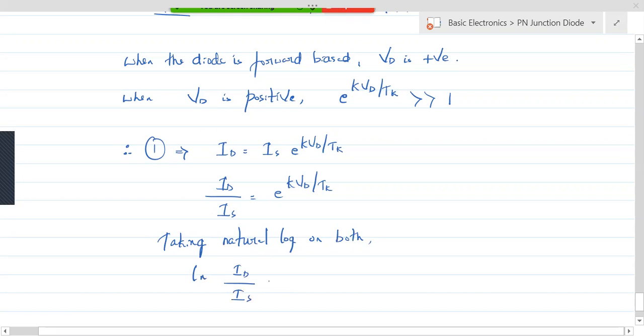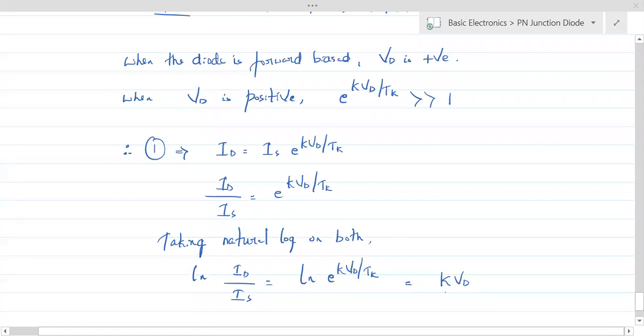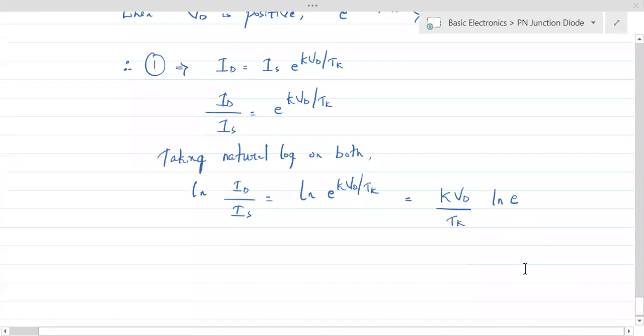They're all simple problems. This is what is going to be asked in the exam. If you're good with your basics, the things will easily fall in place. Not at all a problem. Since the natural log is there, we can bring this kVd by Tk onto the left hand side, and we can have ln e.